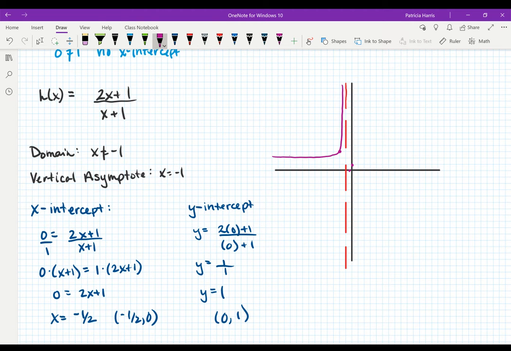Okay, so let's plug in like a positive 10, see what happens. So that would be 21 divided by 11. That's 1.9. Let's see, 3, 6, 9, 10. So about right there. And let's go a little bit further in. Let's plug in a 5.